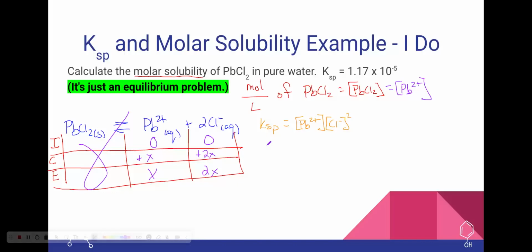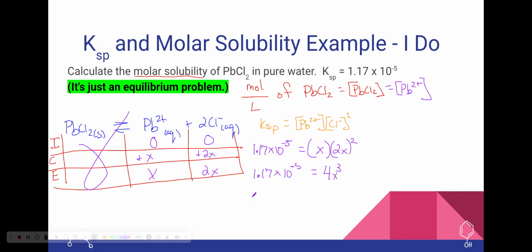So with that said, we're going to do 1.17 times 10 to the negative fifth is equal to x times 2x squared. If I simplify my right-hand side of the equation, we're going to get 1.17 times 10 to the negative fifth is equal to 4x cubed.